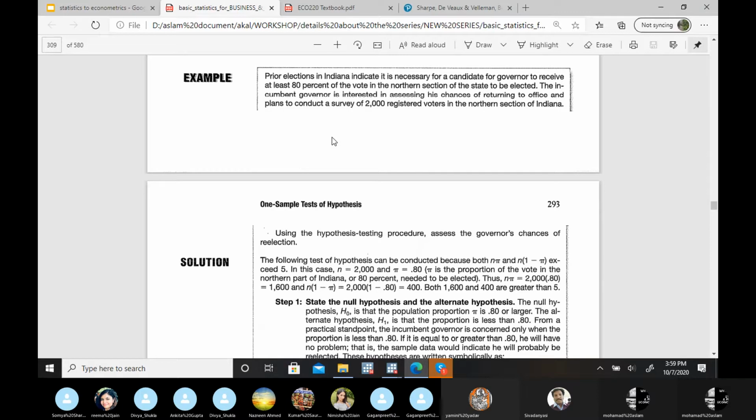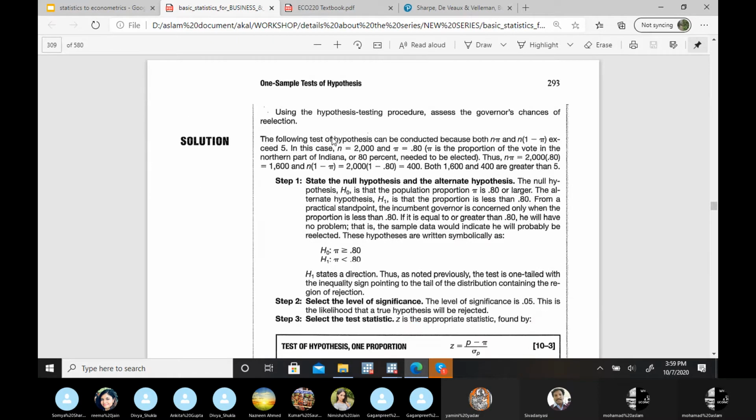Now it's something in percentages, like we did in the categorical. The incumbent governor is interested in assessing his chances of returning to office and plans to conduct a survey of 2,000 registered voters in the northern section of Indiana. Using the hypothesis testing process, assess the governor's chances of re-election. So it's like a pre-poll, the way the media do pre-polls before elections.